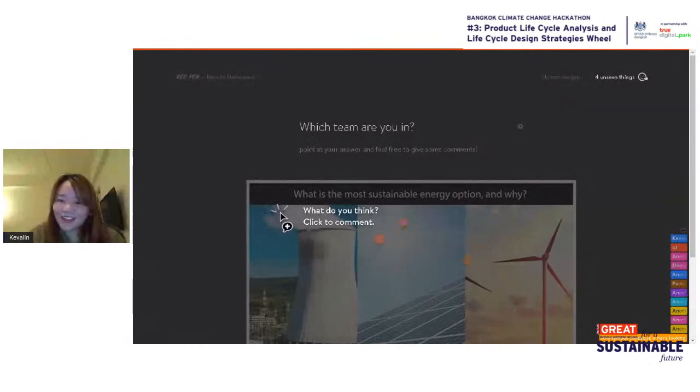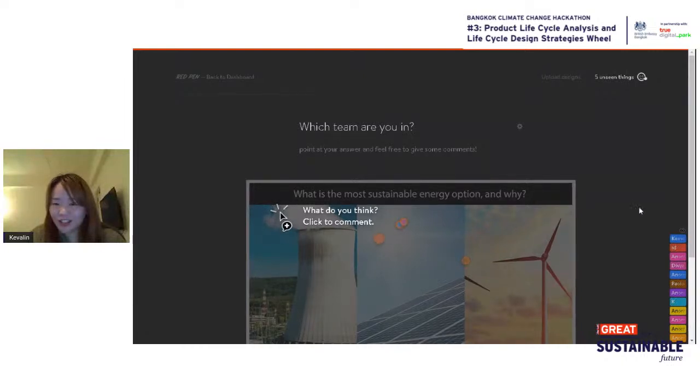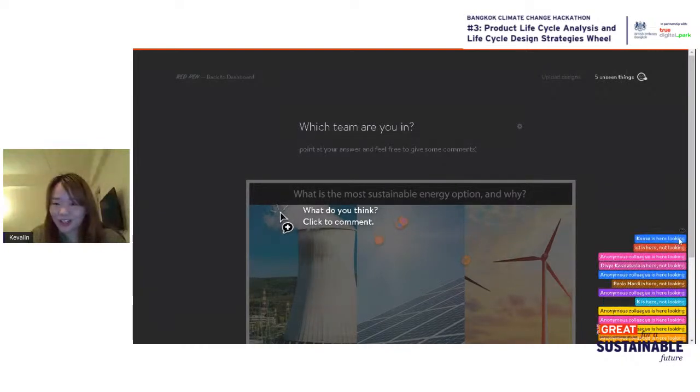I think I can see some people already commenting. While you're still thinking, I can try to read some comments from Red Pen. The first one is from Paulo: a combination of solar and wind, created with the right infrastructure, meaning that the energy is acquired and distributed depending on the local climates and needs of the population. Thank you, Paulo.